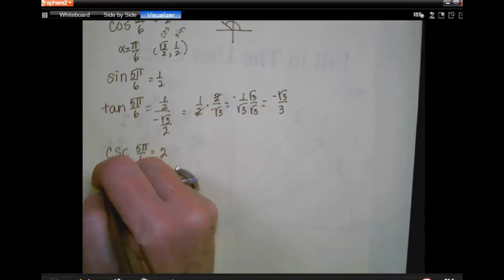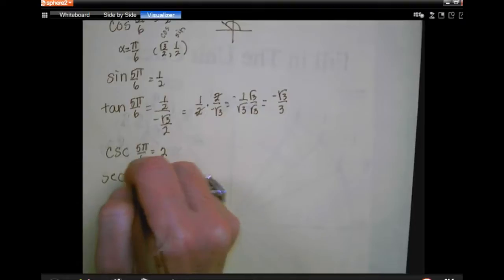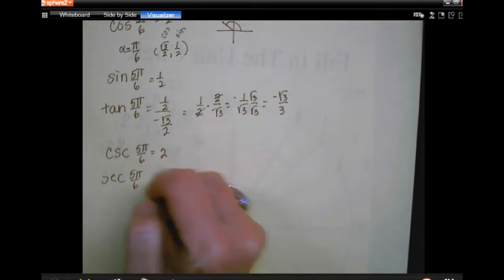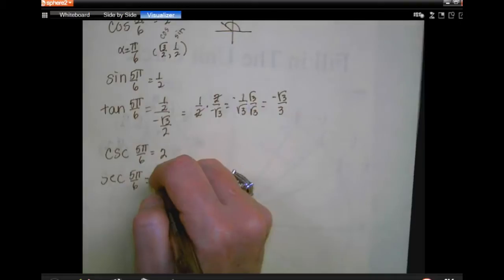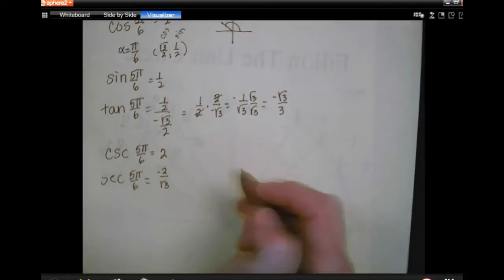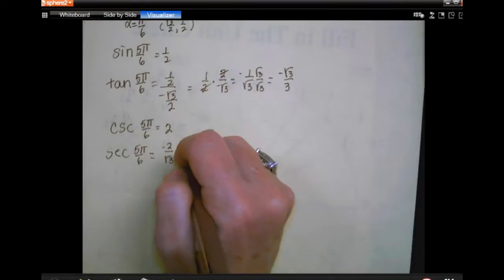So if I want the secant of 5 pi over 6, that one goes with which one? The cosine, right? 1 over x. So I have negative 2 over the square root of 3. I have to rationalize the denominator.